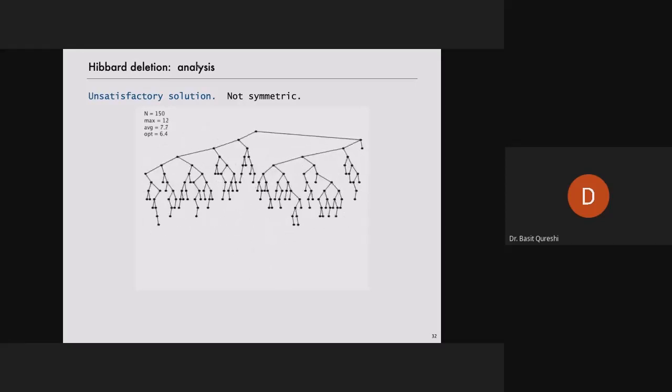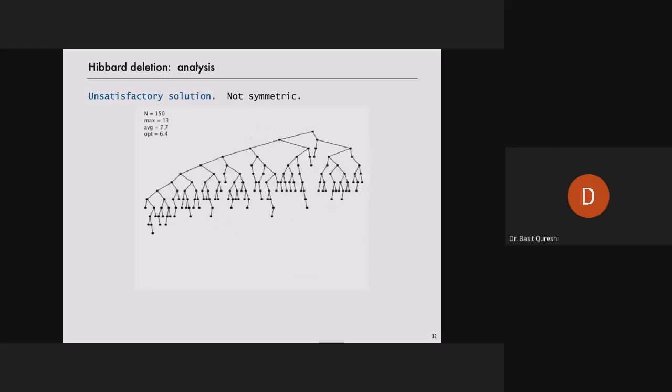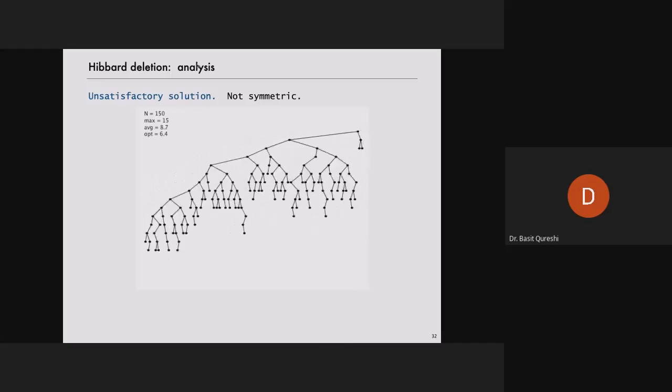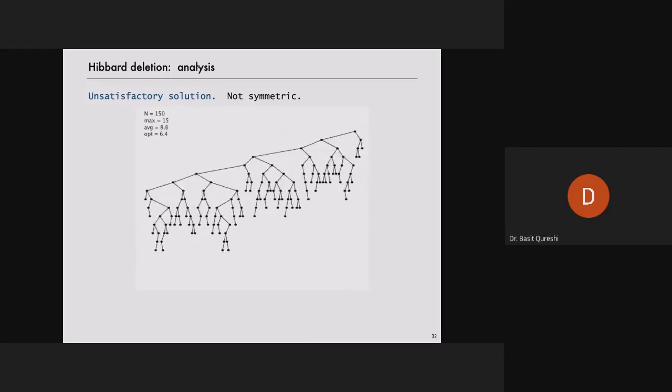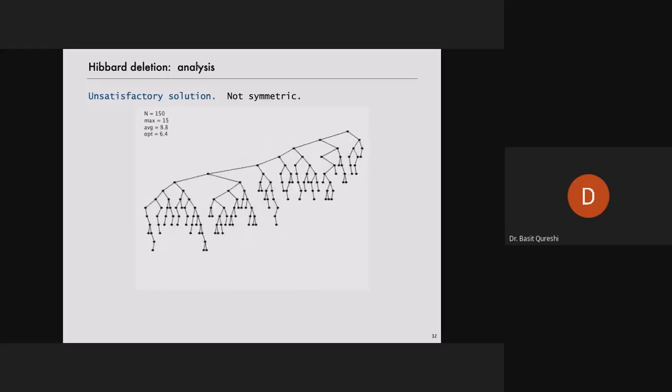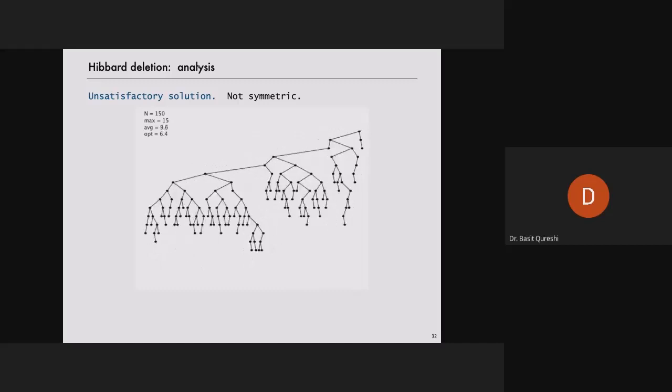Now we're discussing the problem with Hilbert deletion. Remember I told you that whenever a node has two children, there's a possibility that we go find the smallest on the right side or find the largest on the left side. And we said we're always going to decide to go right. We'll find the smallest on the right side.